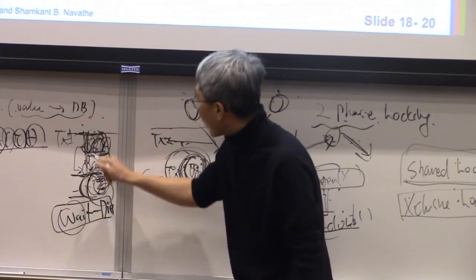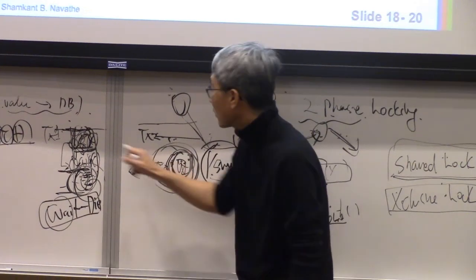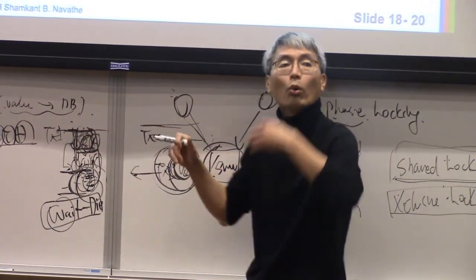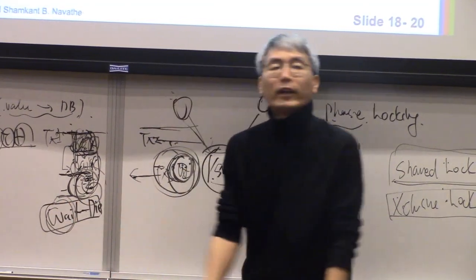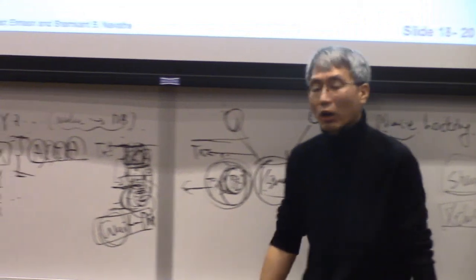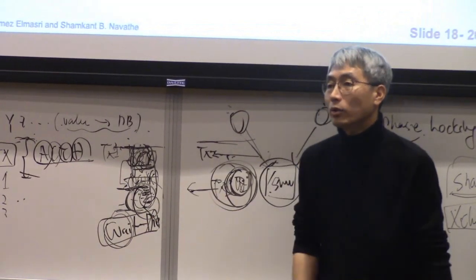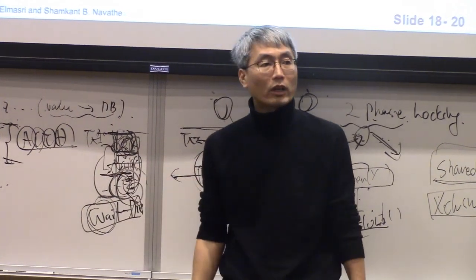So at this time, if they are racing, then for Z, which one is the older process? If this one is older, it can wait. Otherwise, if this one is younger, then we are going to kill it, then roll back and start again.